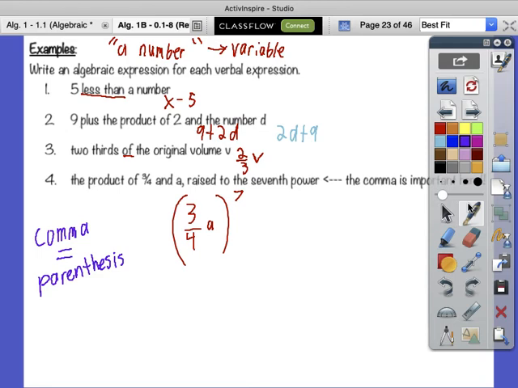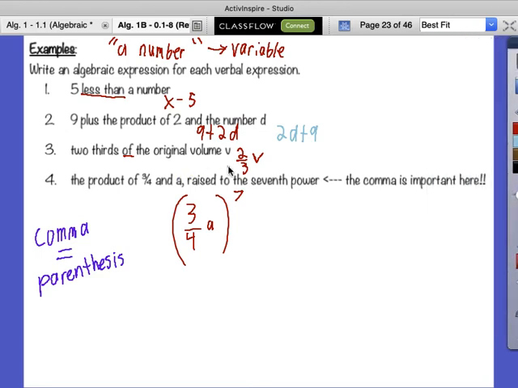So a comma in the English language tells us to pause. It's like a period is a longer pause. A comma is a small pause. So it's saying the product of 3/4 A, and then raised to the 7th power. Now, if someone's pausing when they're saying something, that usually means that you're supposed to do that first and then keep going. That's what it's telling us here.